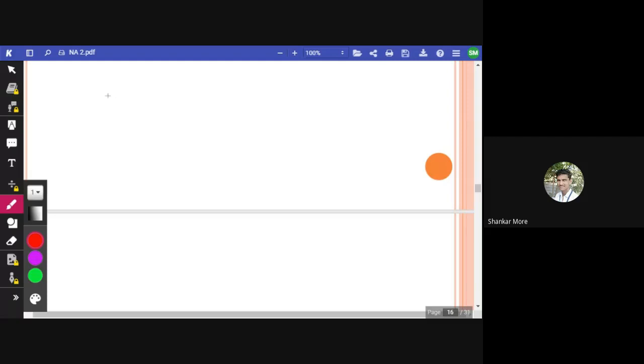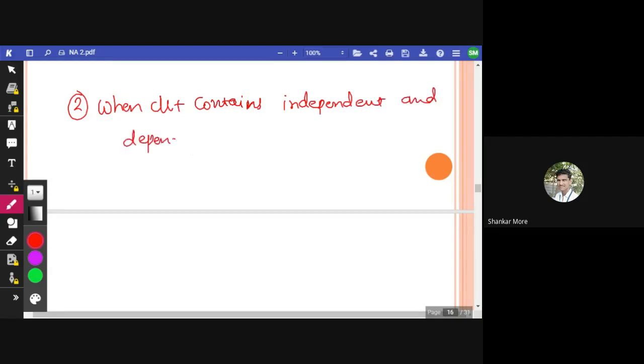So the second type is when the circuit contains independent and dependent sources. I hope you are writing.